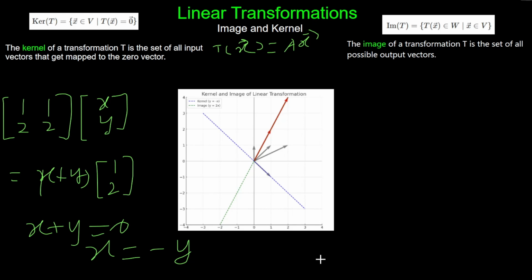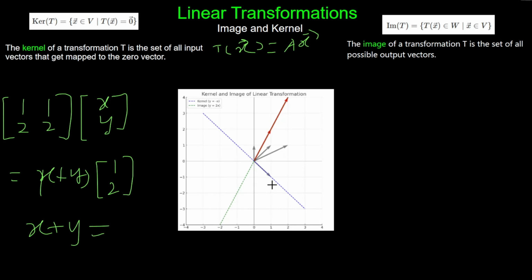This means all the vectors of the form x and minus y, after transformation, they go to 0. So that's what we mean by a kernel. That's why this blue dotted line represents the kernel, because in this line we have x equal to minus y. So that's why this line represents the kernel of the transformation.